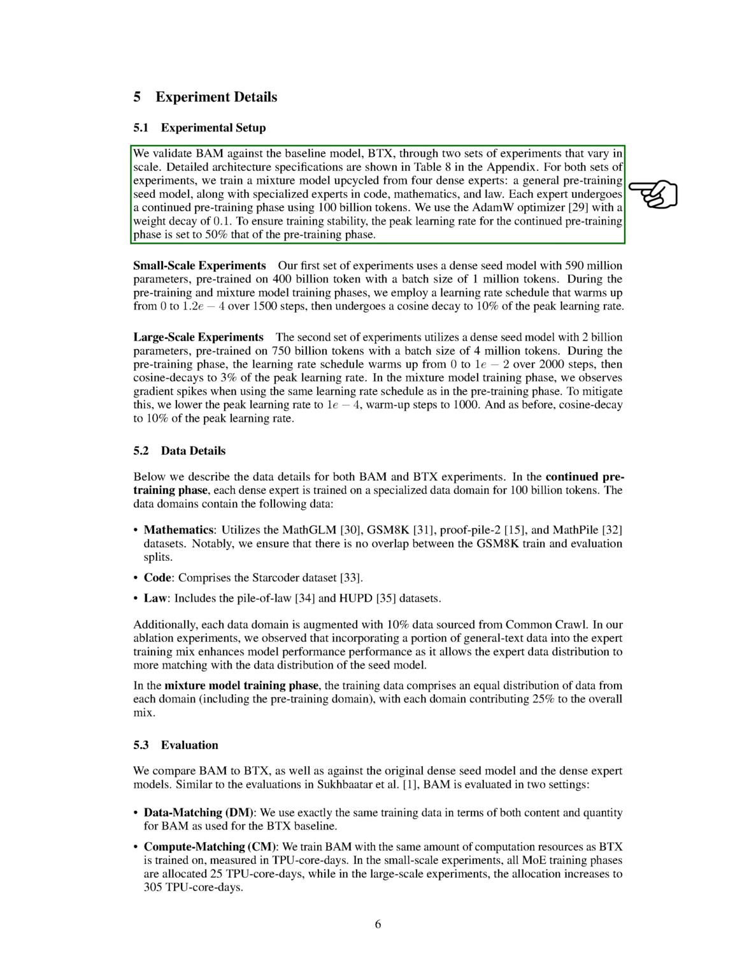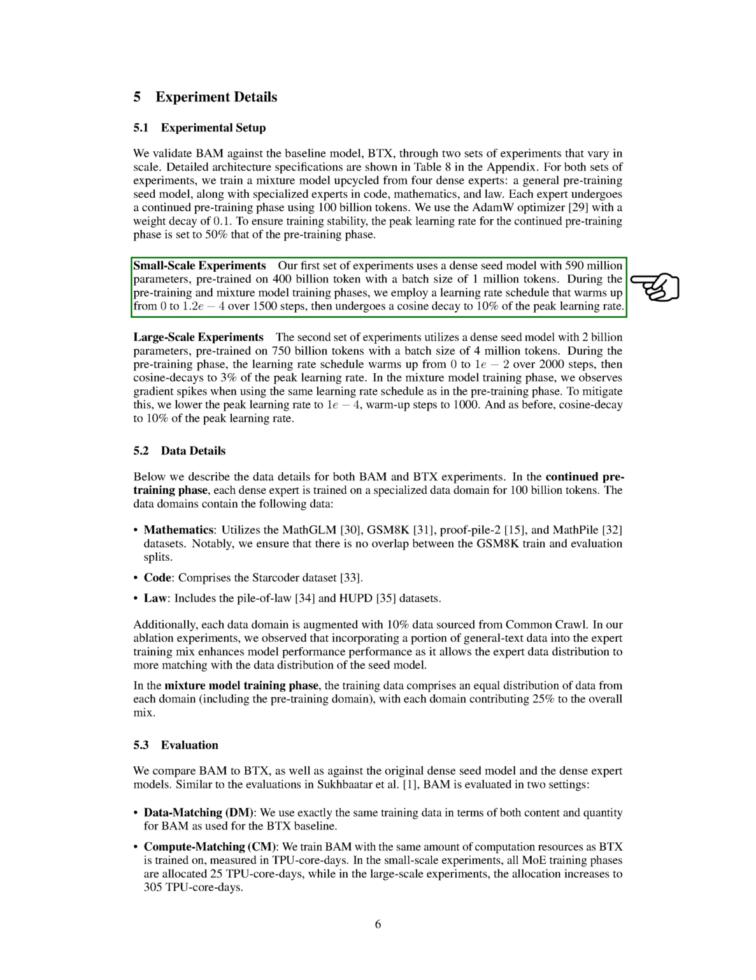For our small-scale experiments, we use a dense seed model with 590 million parameters, pre-trained on 400 billion tokens, with a batch size of 1 million tokens. We implement a learning rate schedule that gradually increases from 0 to a peak of 0.00012 over 1500 steps, followed by a cosine decay to 10% of the peak rate.